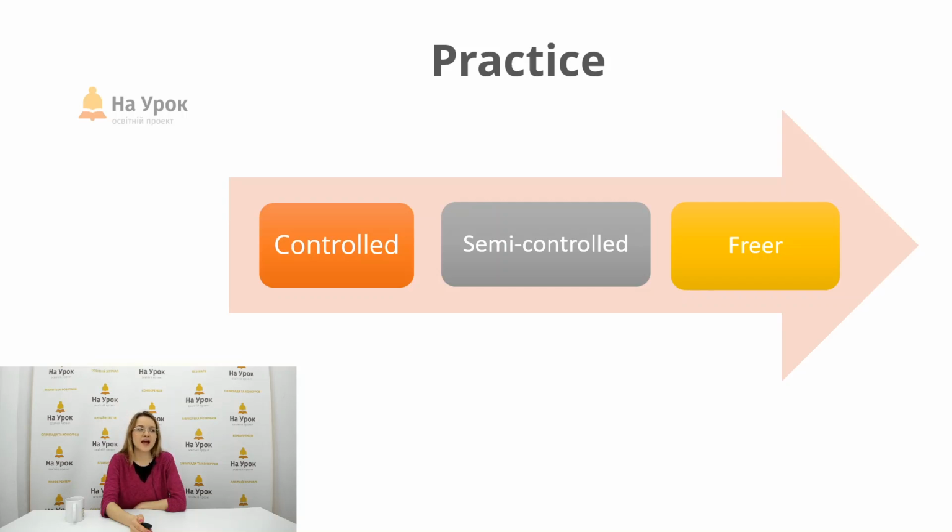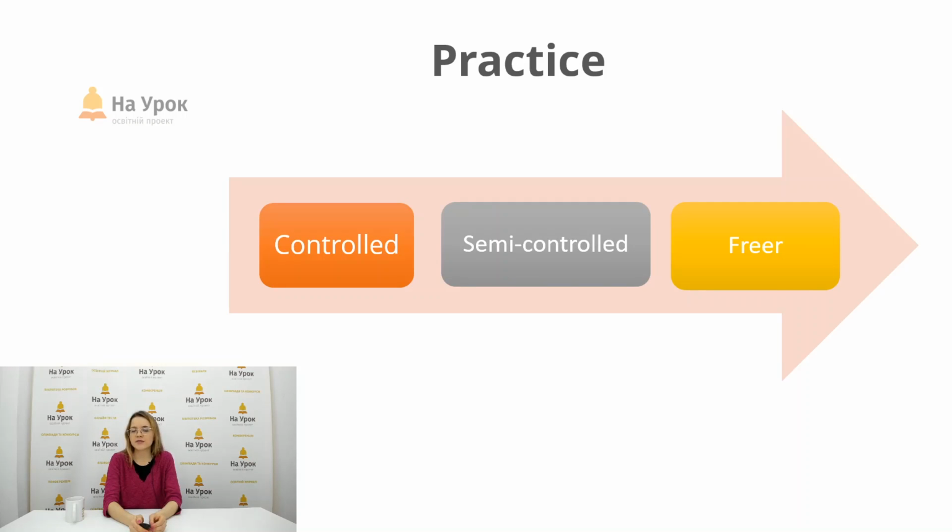So anyway, controlled practice is the type of practice that gives our learners a very limited range of options. That's either 1 or 2 correct options. And during our control practice slot, we correct everything.